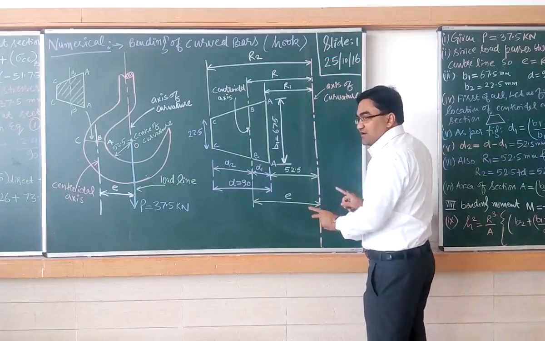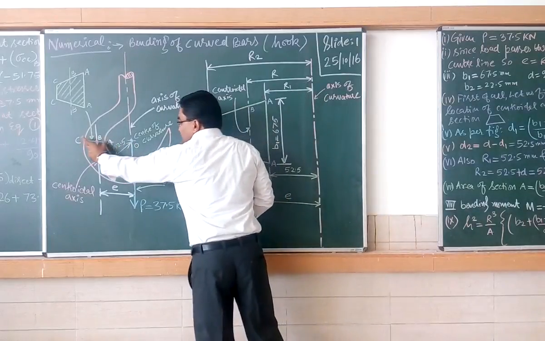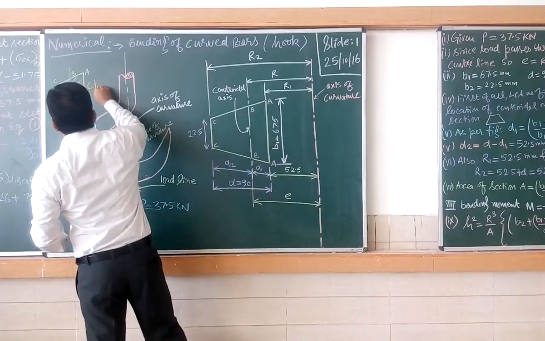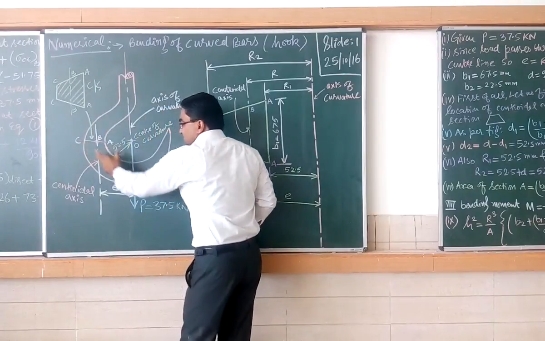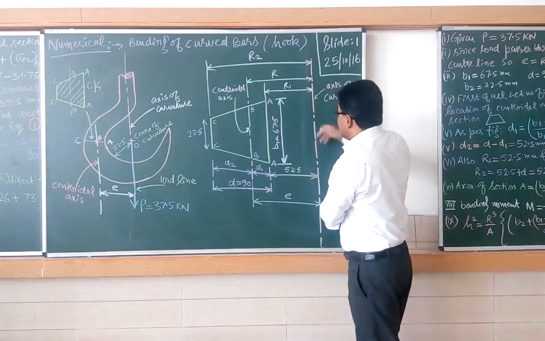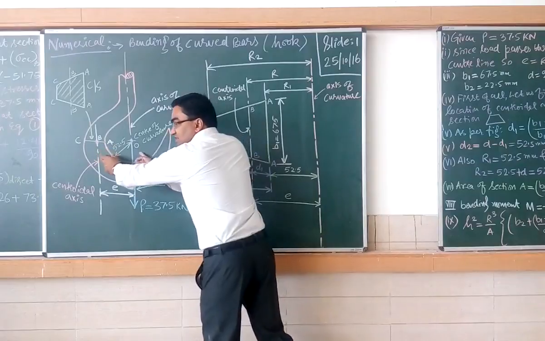This is red in color. Now this is the cross section, which is at some distance from this axis of curvature. We are trying to match these two figures.